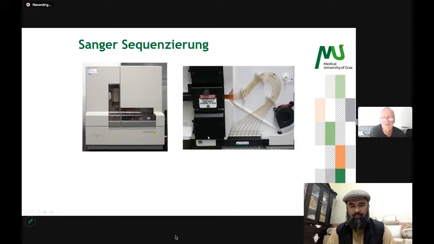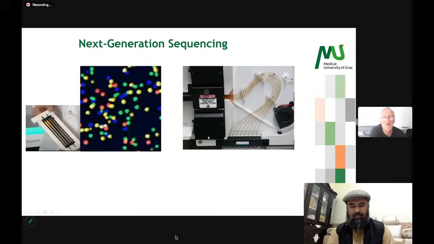And if you compare this now to next generation sequencing, I want to illustrate how much more genetic information you get out of one run. Each of these dots represents a cluster, which later leads to a sequence file.